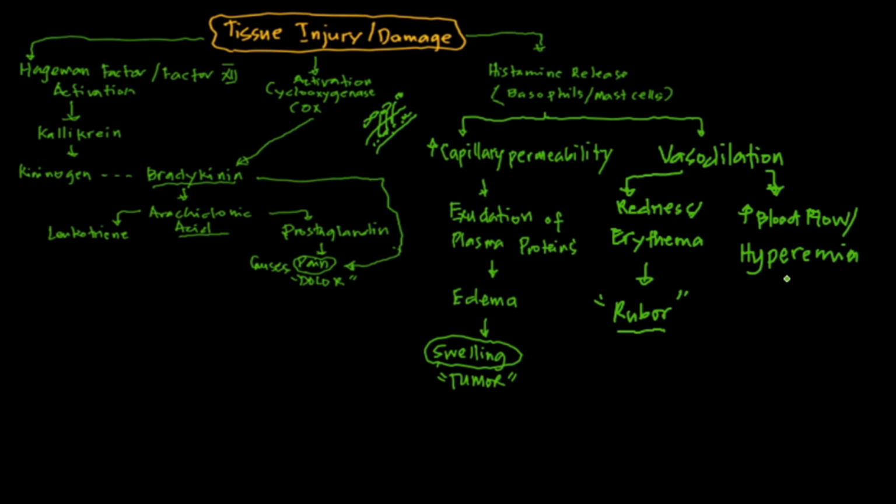That phenomenon, hyperemia, will in turn lead into what we call heat. Now another term for this, as one of your cardinal signs of inflammation, is what we call your calor. There is rubor for redness, there is calor for heat.